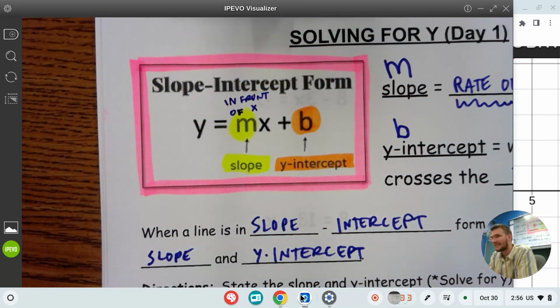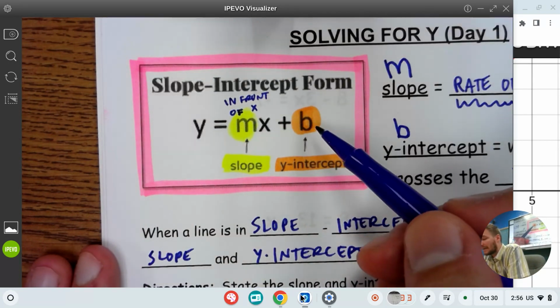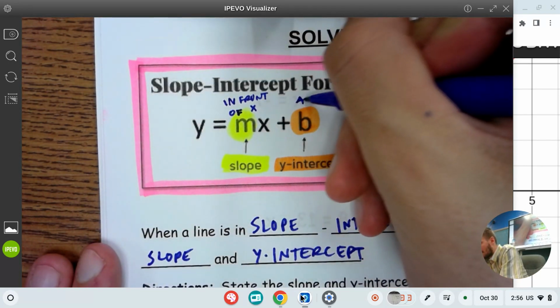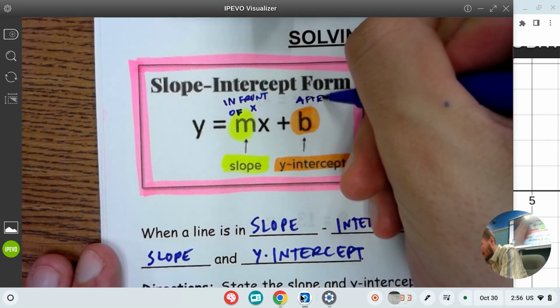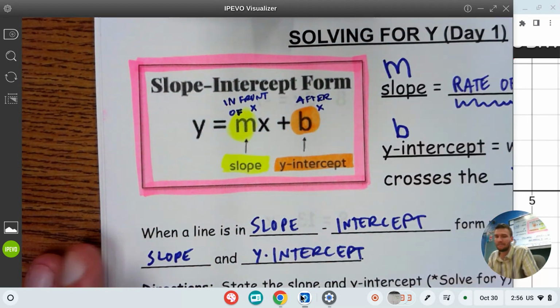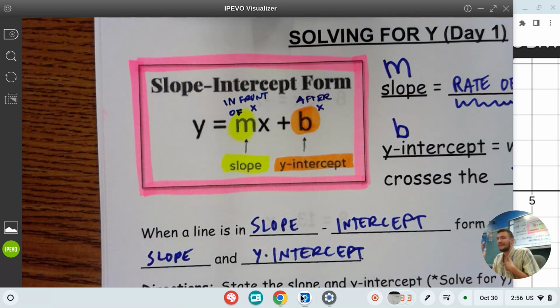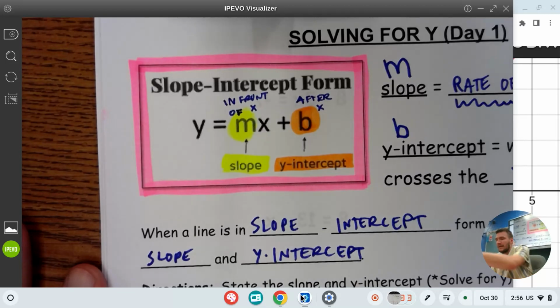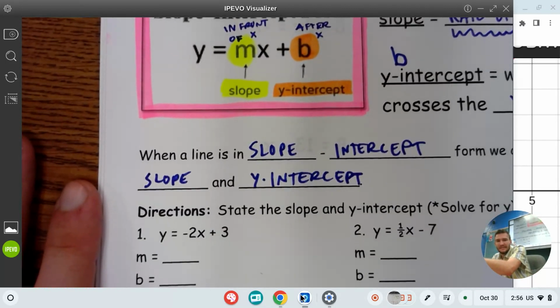That's where you can find the m, the number in front of x. And if you want to be really picky, it's the number multiplied by x. Now, where can you find the b? You can find the b after x. And again, if you want to be really picky, it's the number that is added or subtracted from x. So, you guys had the answer completely correct.